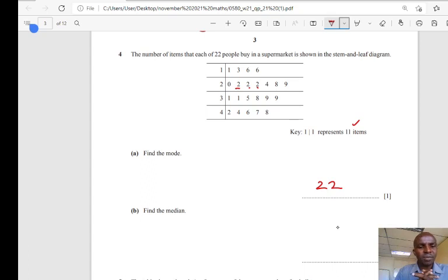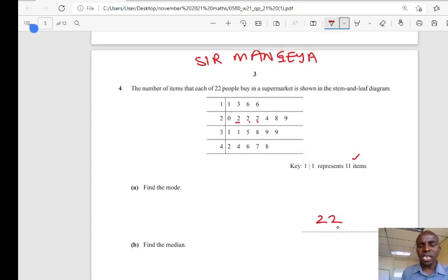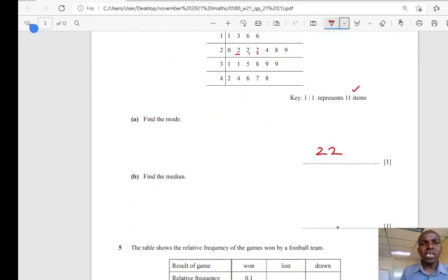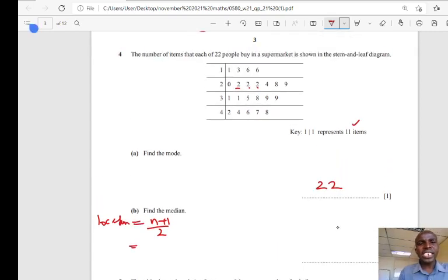Then next, find the median. Median, this one is on grouped data. So to find the median, use n plus 1 over 2. That's for the location of the median. N is the number of values. How many items do we have? We have 22 people here.